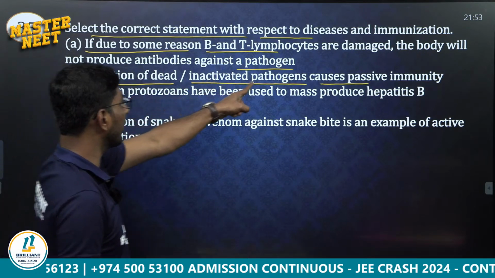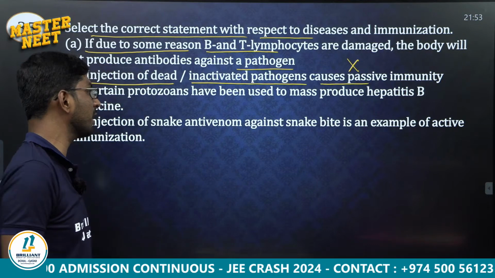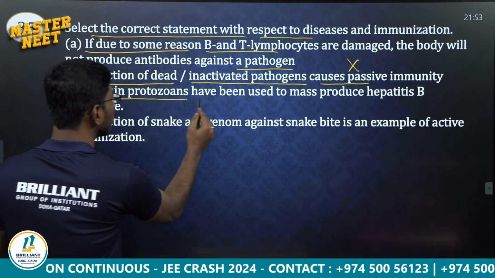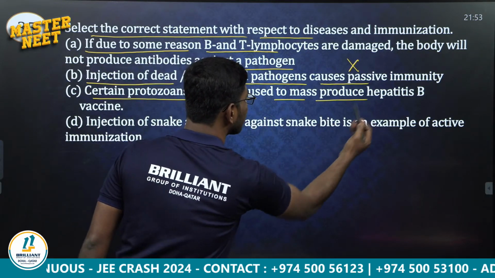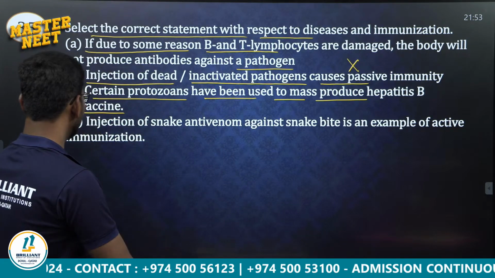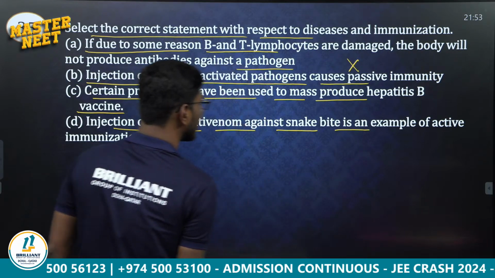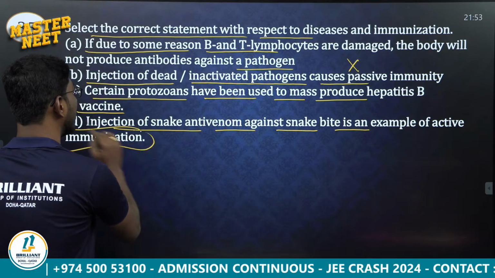Dead inactivated pathogen, it is not passive immunity, it is active immunity. Certain protozoan have been used to mass production of hepatitis B vaccination is given. Next, injection of snake anti-venom against the snake bite is an example of active immunity is given.